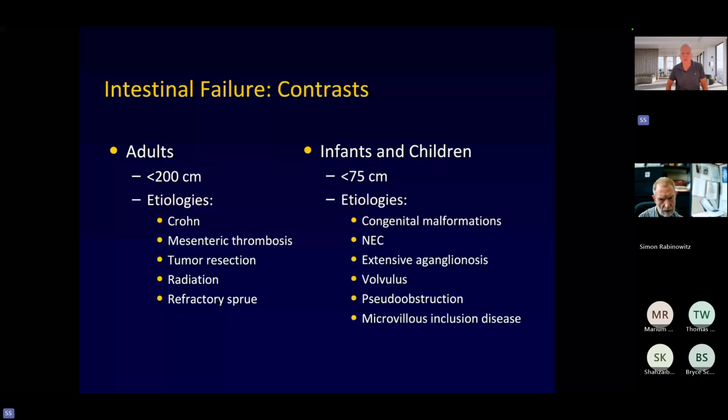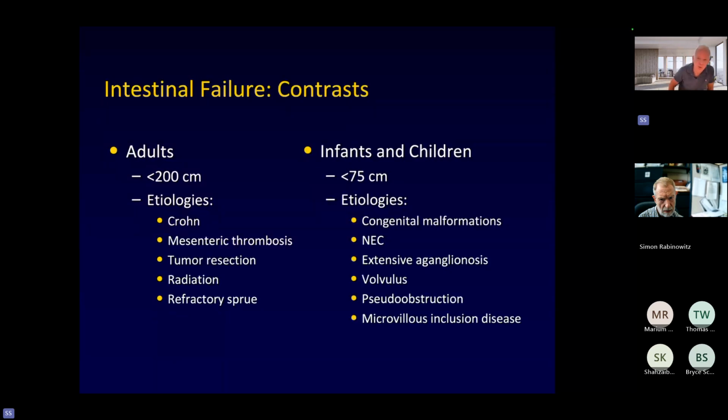In infants and children, obviously, a smaller length of bowel, so anything less than 75 centimeters can lead to intestinal failure. The etiologies, however, are significantly different. Congenital malformations, in our patient population, necrotizing enterocolitis would likely be the most common cause. Extensive aganglionosis, which we hardly ever see, a volvulus, a pseudoobstruction, and then something like microvillus inclusion disease or tufting enteropathy that we discussed earlier this year.